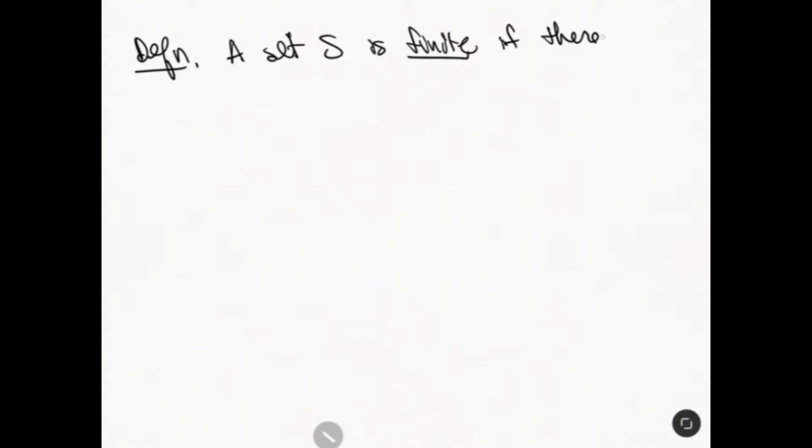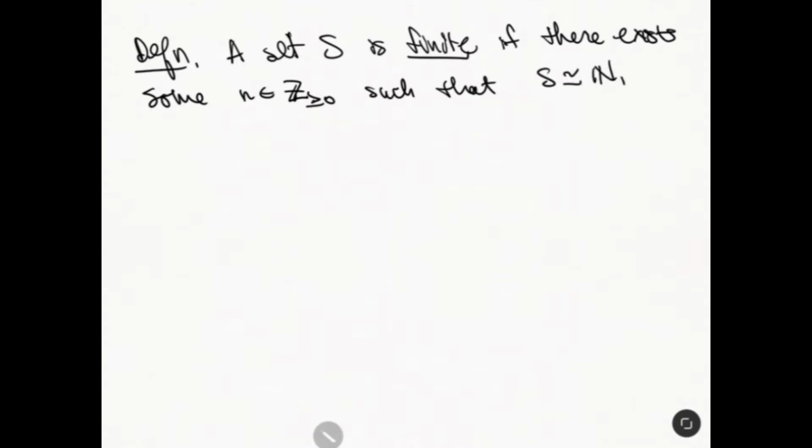So the definition: a set S is finite if there exists some n, a non-negative integer, such that S is in bijection with N_n.